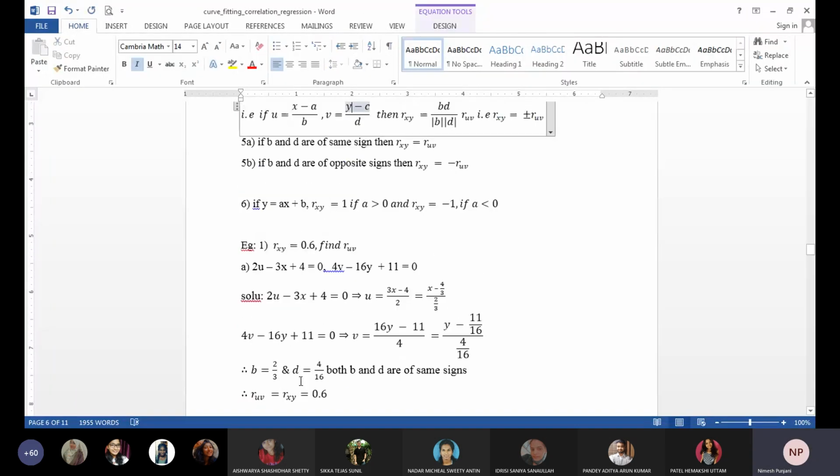Right? And what is your A in the equation? It is basically the slope of the line, y equals ax plus b.